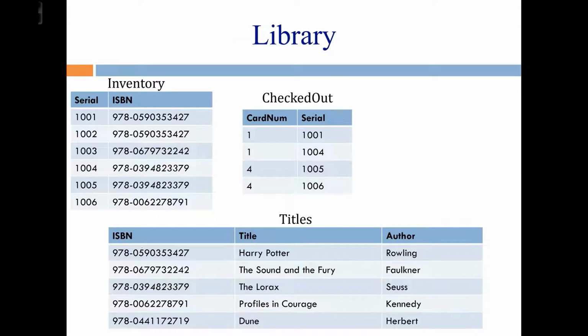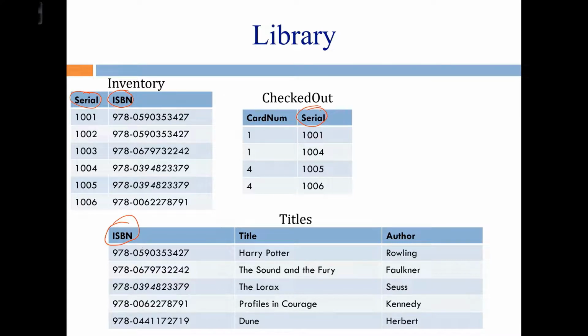And here's a little example just to make this more concrete. Let's say these are the 3 tables I'm joining, and just doing a natural join. So the condition for the join would be where titles.isbn equals inventory.isbn and inventory.serial equals checkedout.serial.